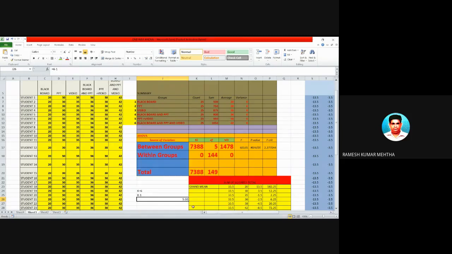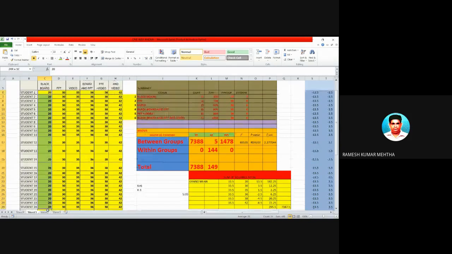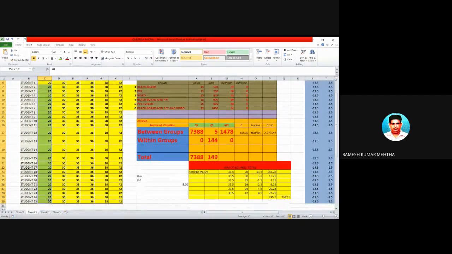So this is 5. Now within the groups, what is the degree of freedom? If you look, in every group there are 25 members, and there are 6 groups. So 25 into 6, there are 150 numbers on which I am going to conduct ANOVA.